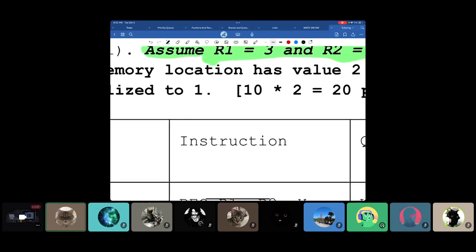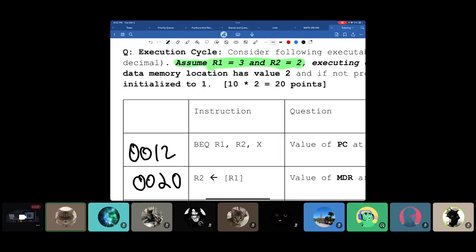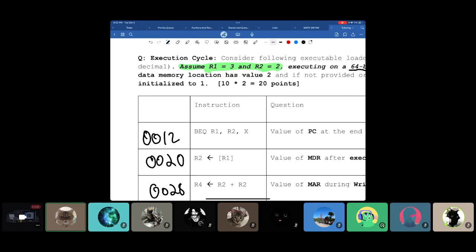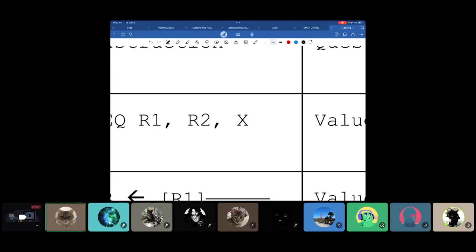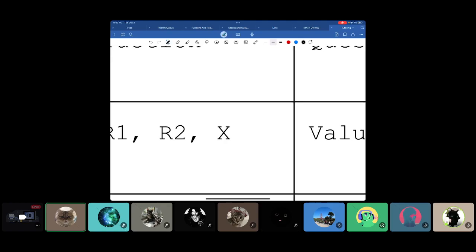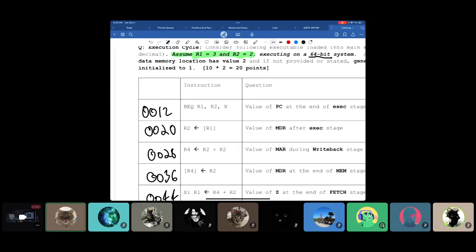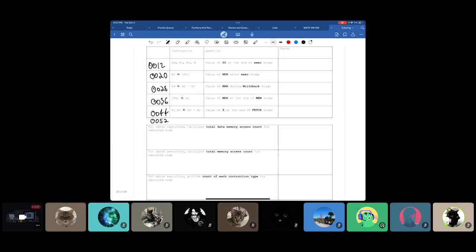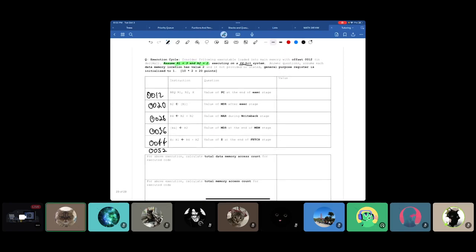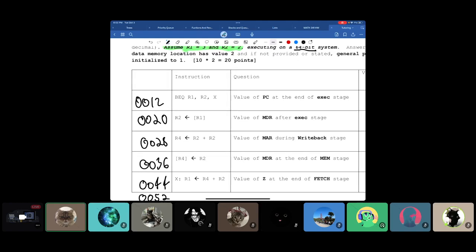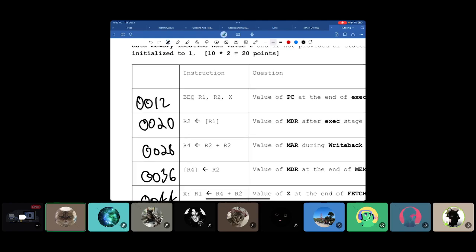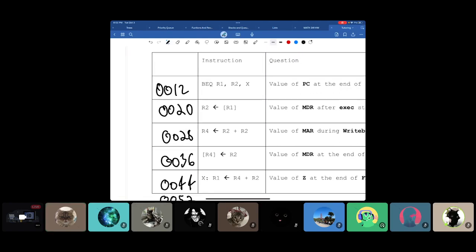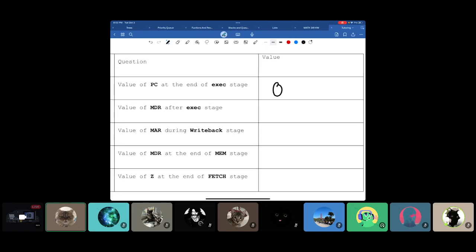So they're not equal, and that means at the end of the exec stage, the PC will not be changed to whatever value is X. If they were equal, then the answer would be 0044, because that's where X is. But since it's not, it's going to be whatever value it was incremented to in the fetch stage. And that value was 0020. So the answer here would be 0020. Okay.